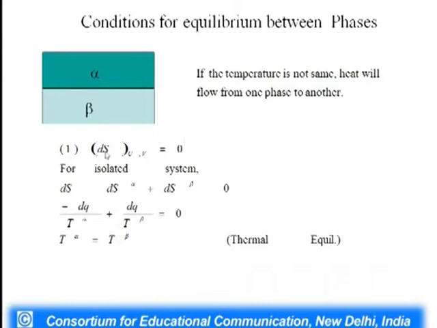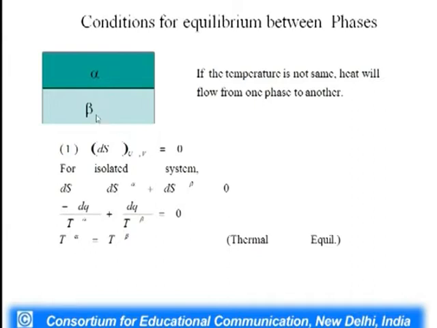For an isolated system, the equilibrium condition is dS at constant U and V equal to 0. Here dS is simply dS alpha plus dS beta, which is 0 under constant U and V.